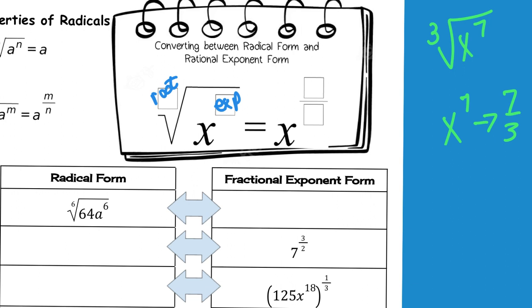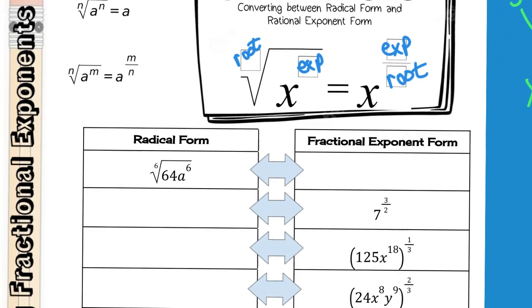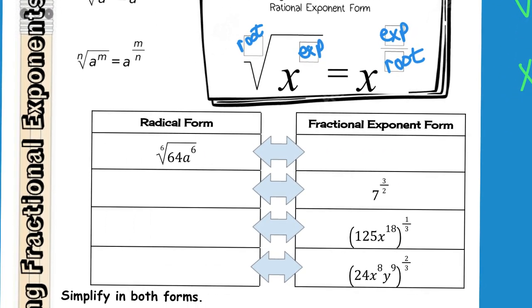So when you go to write this, our exponent is still on top, and we're going to divide by the root. So I've already set you up to understand fractional exponents by doing it that way. When we look at the top here, we're just going to rewrite them.